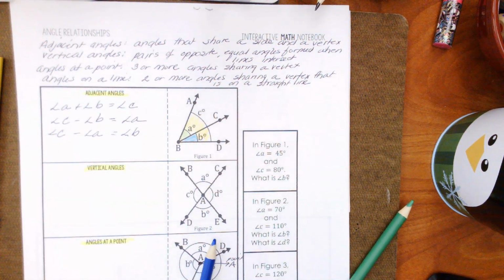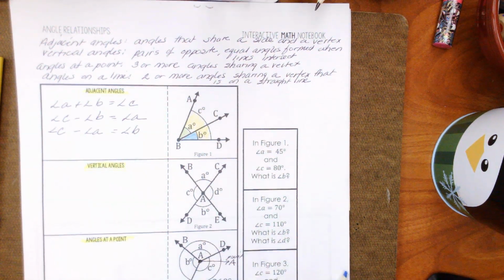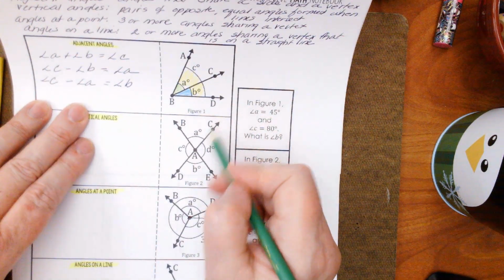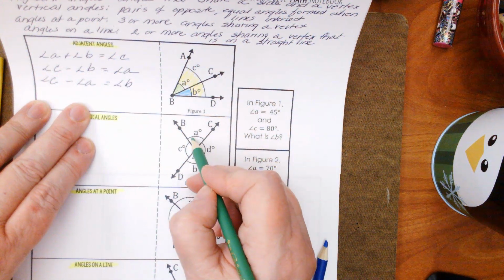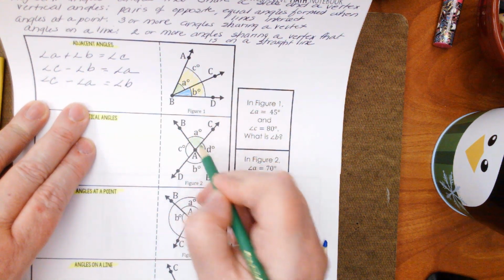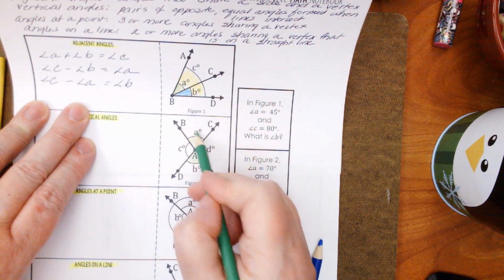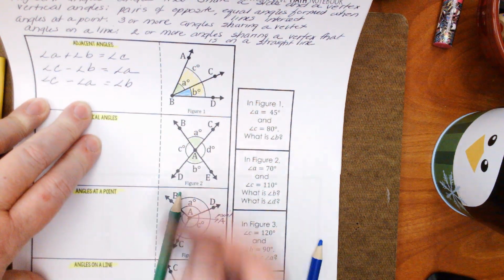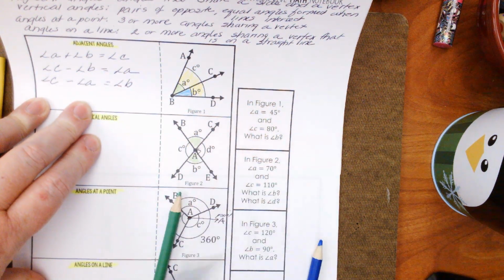Okay? The vertical angles are when you have these cross lines, and so these two opposite and equal angles, A and B, are the same. A is referring to the point here. Okay?